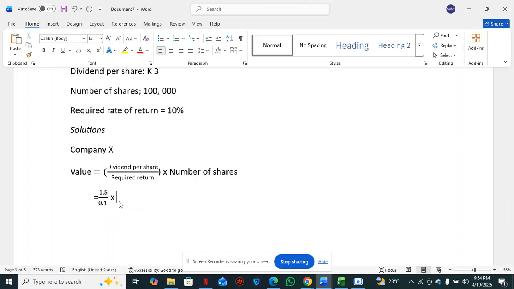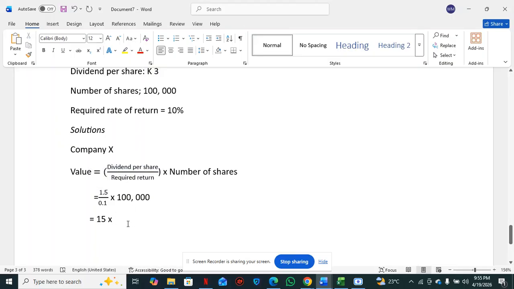Multiplied by the number of shares, 100,000 shares. So 1.5 divided by 0.1, you get 15. 15 kwacha. That's the value per share under this method.